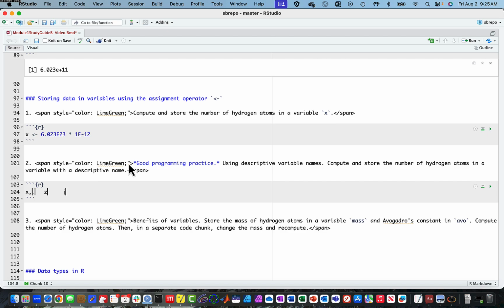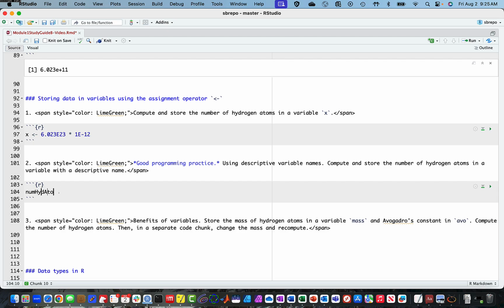However, it's good programming practice to instead use descriptive variable names so that the name of the variable says something about what kind of data that variable stores. So, for instance, here, instead of storing the number of hydrogen atoms in a variable called x, it might be better to name the variable numHydAtoms.